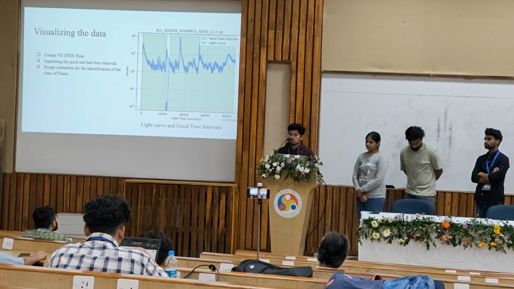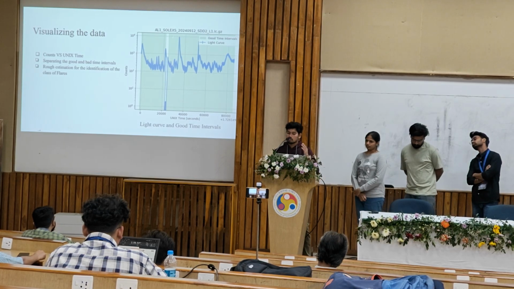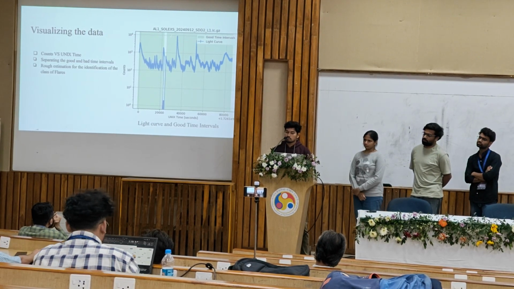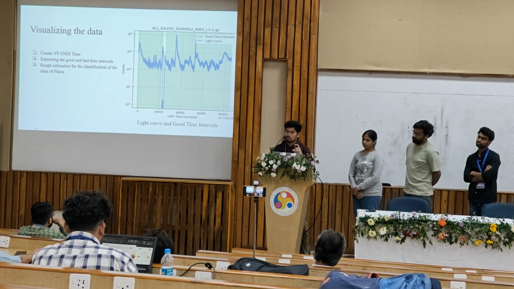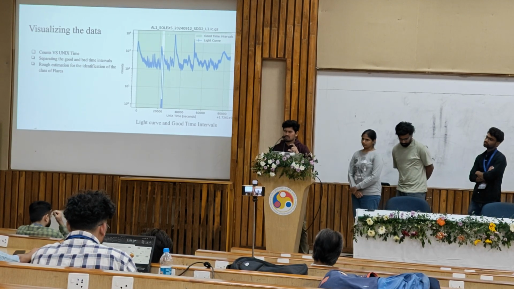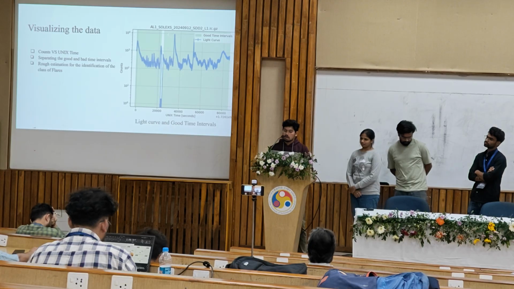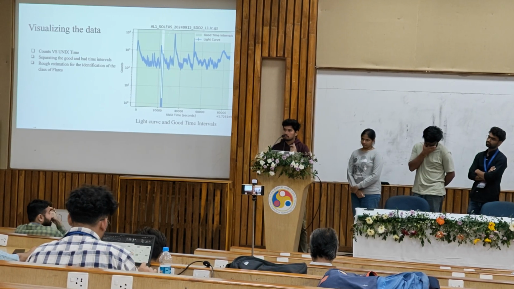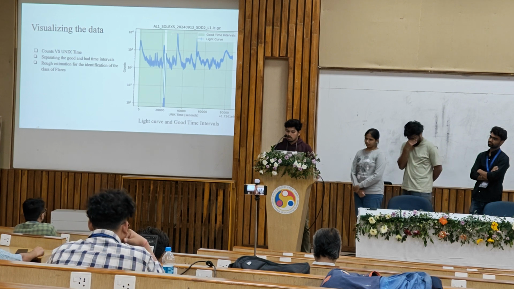As you can see, this graph shows the classes of flares, but there are a lot of small-scale solar flares which are hard to identify or estimate their scale.